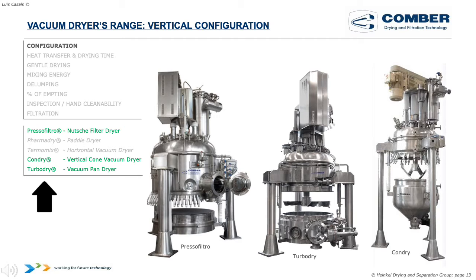The third one, ConDry, has a conical bottom designed to avoid the residual heel and to improve the percentage of emptying. Vertical configuration compels us to place all equipment in the same room.